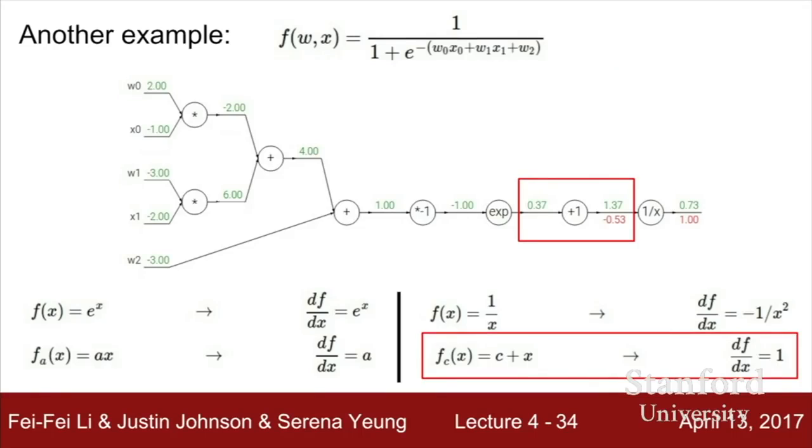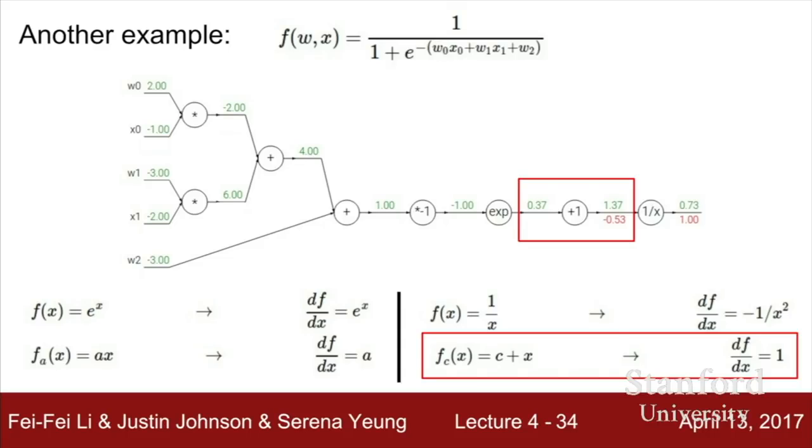Moving back to the next node, we go through the exact same process. Here, the gradient flowing from upstream is negative 0.53. The node here is a plus 1, and looking at our reference of derivatives at the bottom, for a constant plus x, the local gradient is just 1.